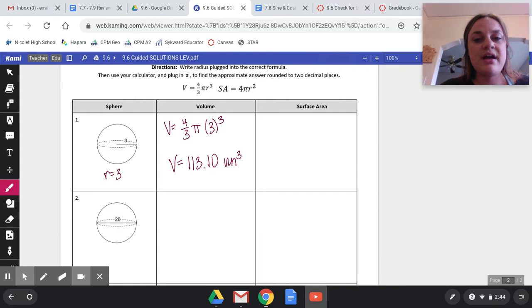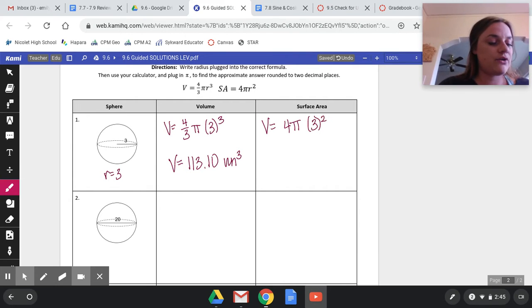Then for surface area, it is equal to 4 pi r squared. My radius is 3, so 3 squared. So 4 times pi times 3 squared gives me, crazy, the same thing. I don't know why I wrote V here.